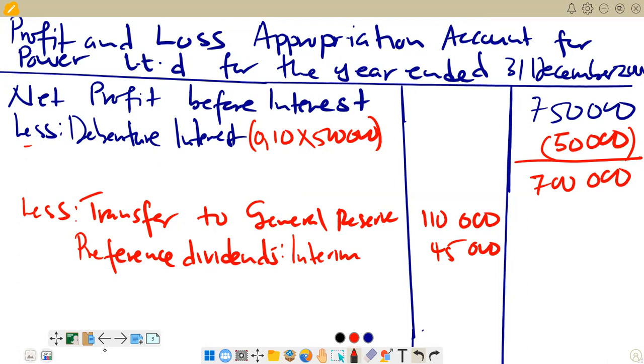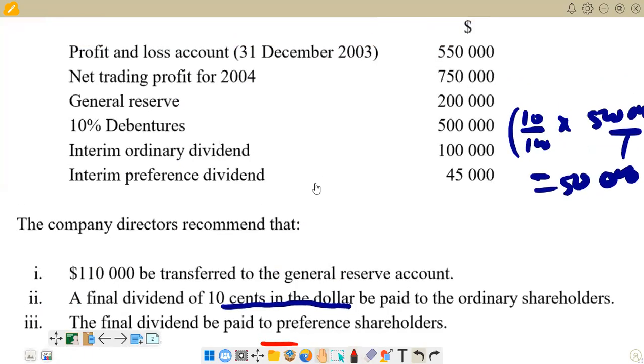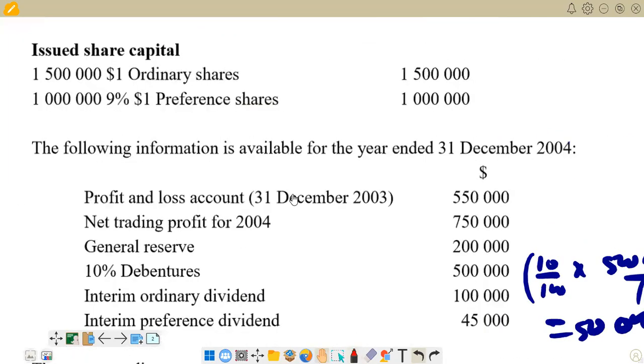And we check for final, for preference dividend, right? The final dividend to be paid to preference shareholders. But if you go to the issued share capital there, we've got information about the calculation of that preference dividend. You see it given here, 9% preference share. So basically 9%, 0.09, then we multiply by 1 million.